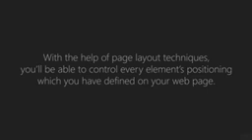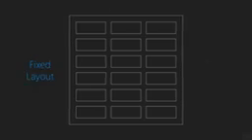And by positioning, I mean elements spacing, margin, arranging the elements in rows and columns, that is creating a grid layout, or creating a fixed or responsive web page, or designing a fluid layout, and much more.